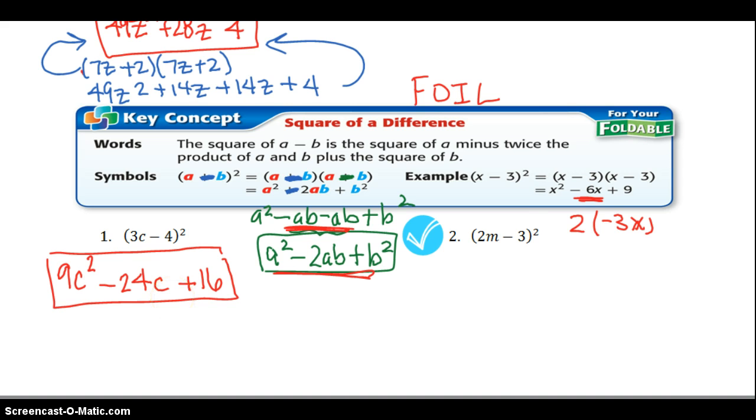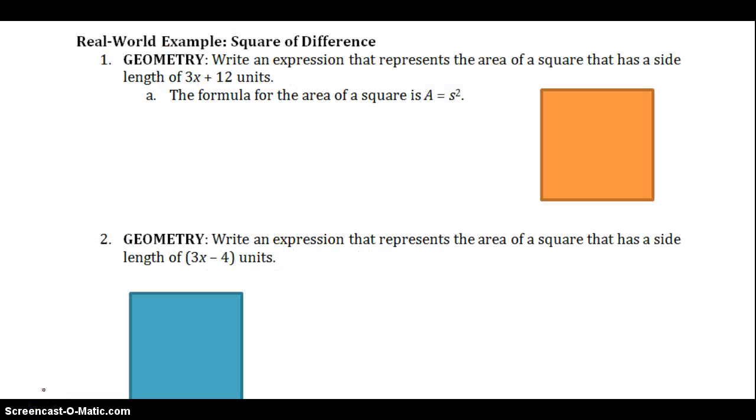That's the shortcut. Okay, that same shortcut can be applied even if we're talking about geometry problems. So they're asking us to write an expression that represents the area of a square if all we know about a side of the square is that it's 3x plus 12. So if you like to write on the picture, which I do, it's 3x plus 12.